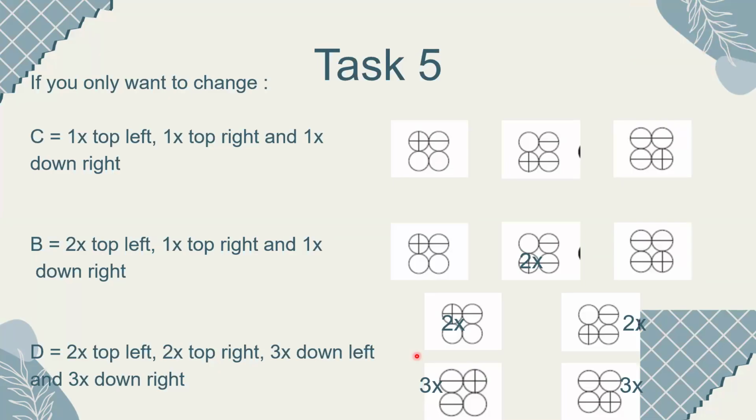For plate B, you press the top left and bottom twice, so it's +2. You press the top right one once, which means no change for B, and the bottom right one once, so for B it's -1. Overall for B is +1.